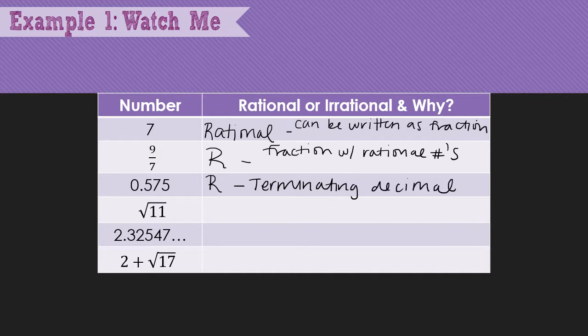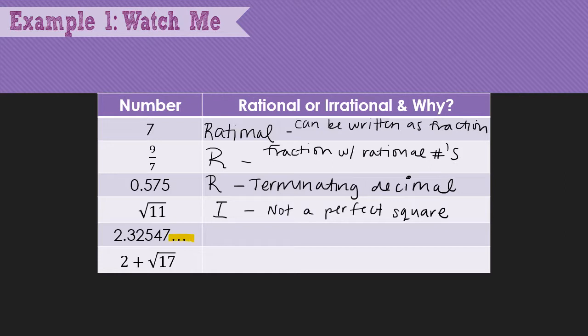Okay, the square root of 11. 11 is a prime number. It is not a perfect square, so this is going to be an irrational number. In our fifth example, we have 2.32547 dot dot dot. This dot dot dot at the end tells me that this is going to continue.